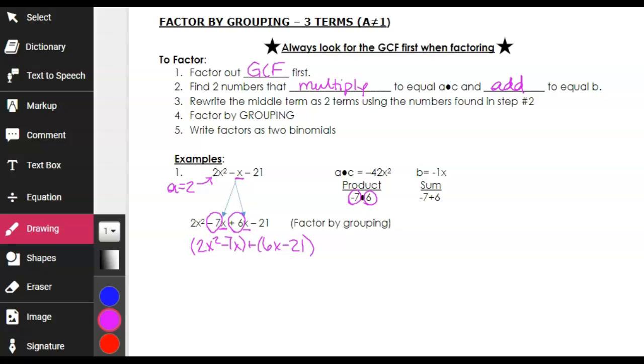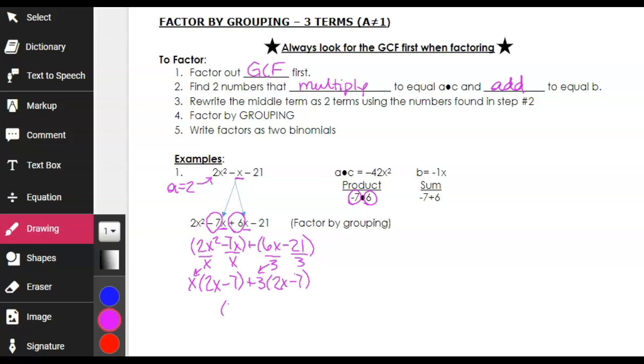When I factor out a GCF here, I can count on taking out an x. So 2x is left over and minus 7 is left over. Here I can take out a positive 3. So what's left over is 2x and a minus 7.